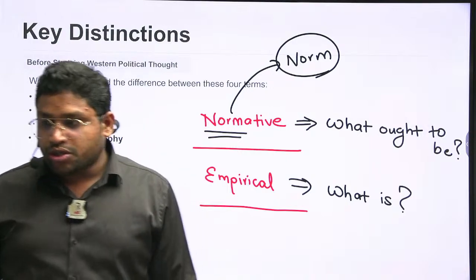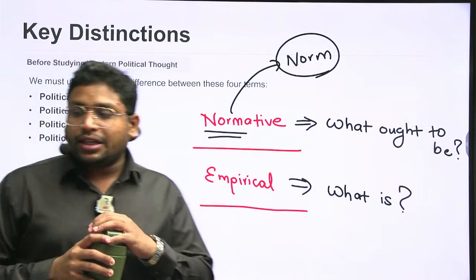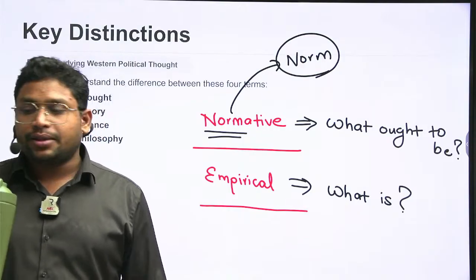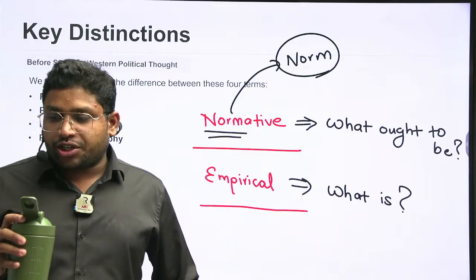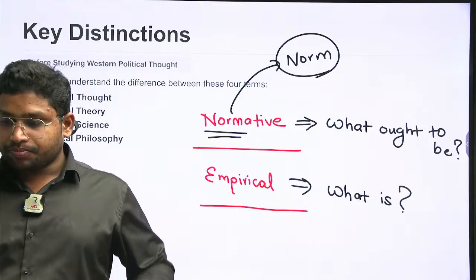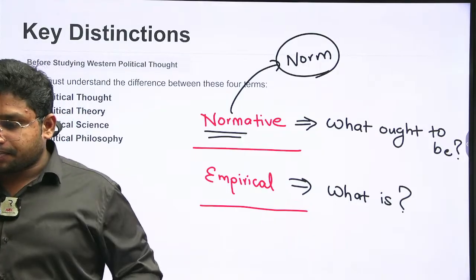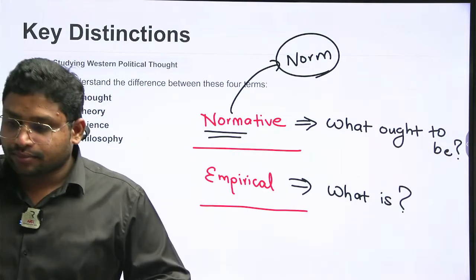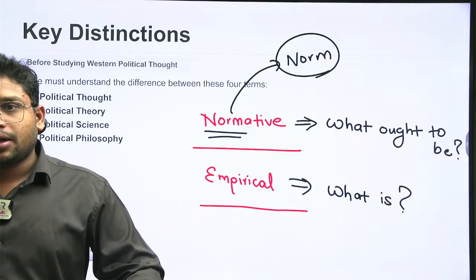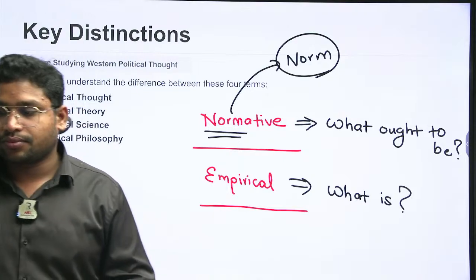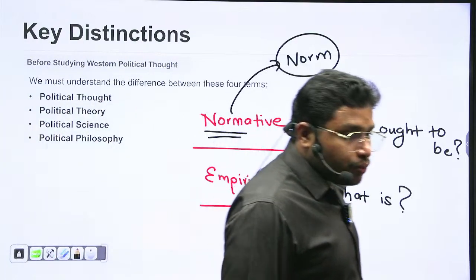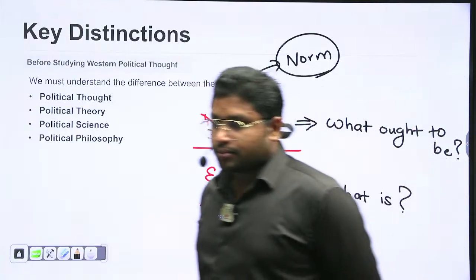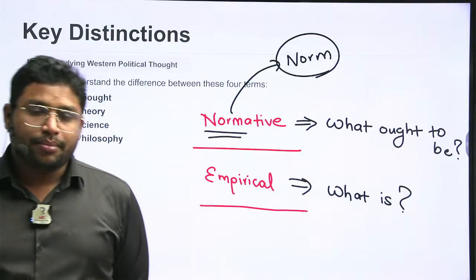Political theory includes both. Number one, normative questions, in bracket, which tells what the state ought to do. Bracket close.